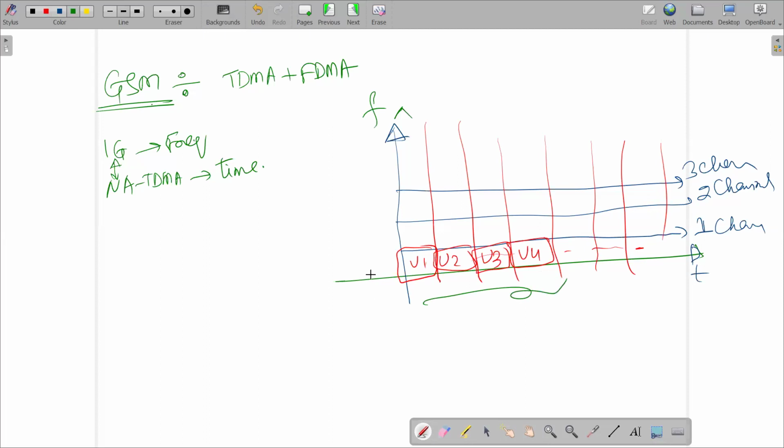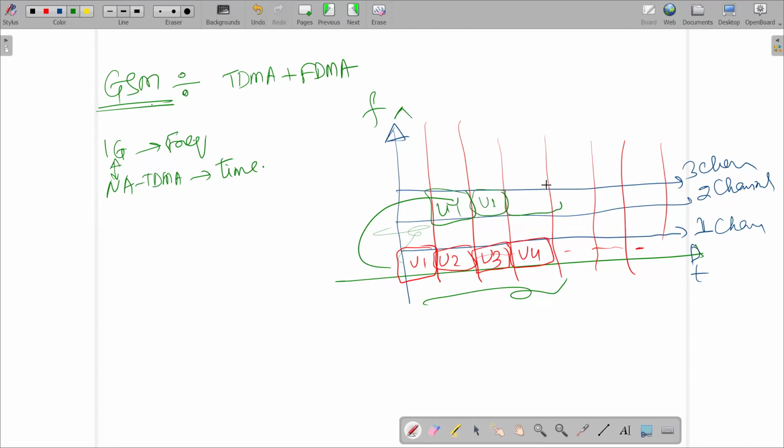Next time, there is a possibility that the frequency can be changed. Maybe this box may be assigned to user 1, user 2, user 3, like this. This is generally called hopping, which we will see.